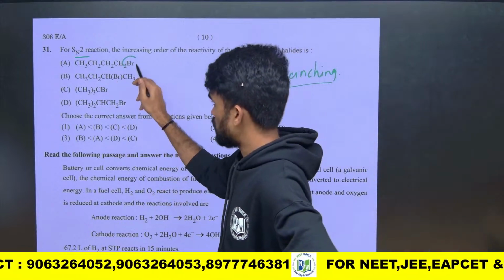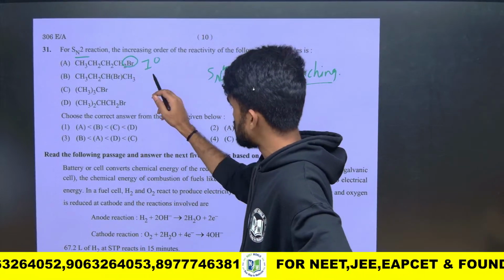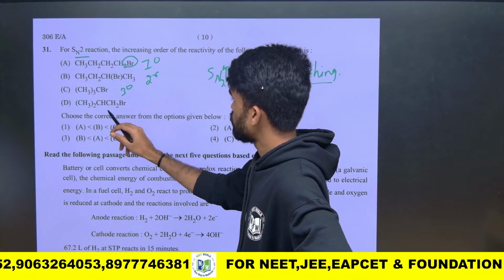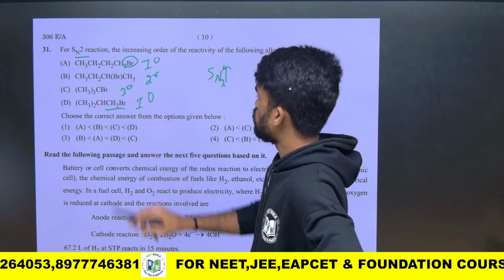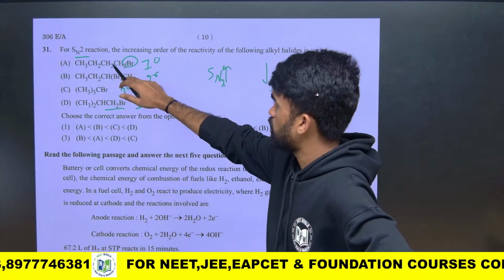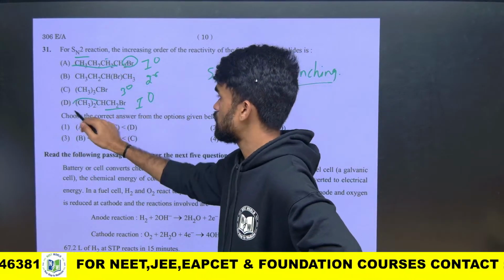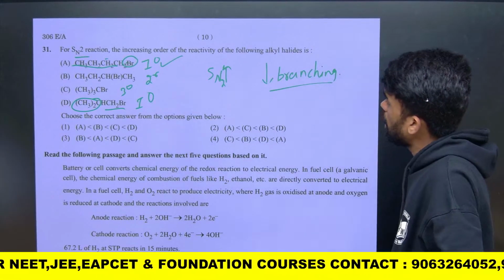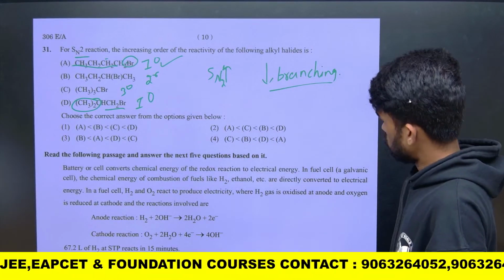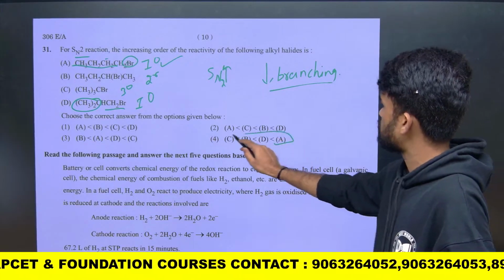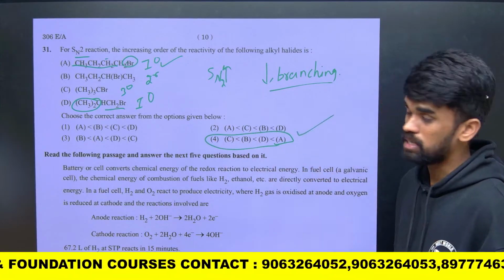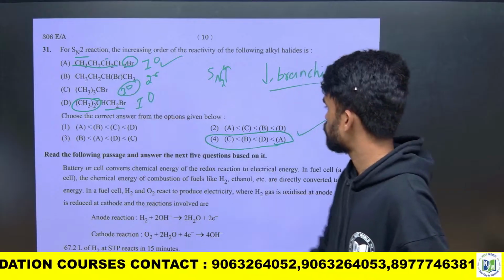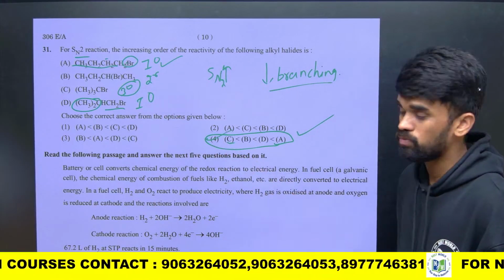So this is a primary bromide, more reactive. This is secondary, this is tertiary, again this is primary. So this is primary and straight chain, but here branching is there. So straight chain will be more reactive, so A is more reactive, and only option 4 has that, so you can directly go with that. And C is least reactive. So option 4 is correct.